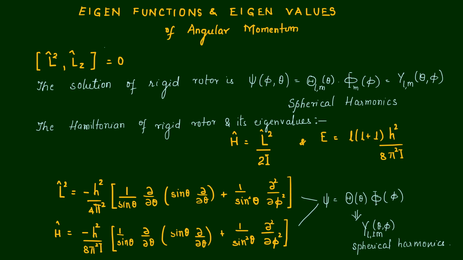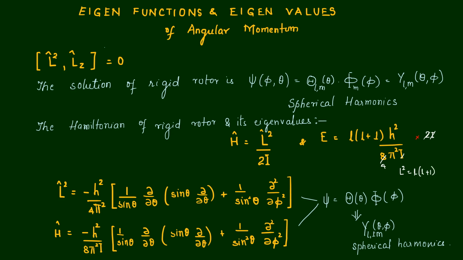L square is equal to the Hamiltonian operator into 2I. So just multiply this by 2I, and whatever we get will be the eigenvalue of total angular momentum L square.